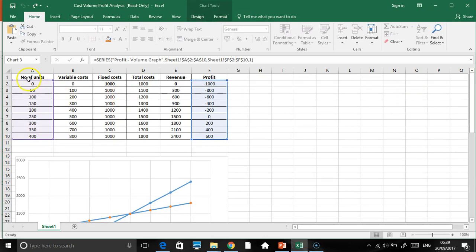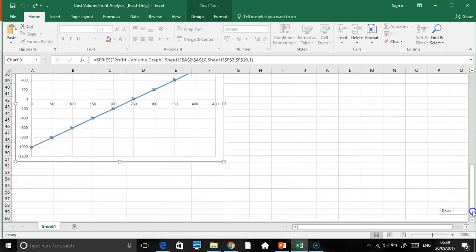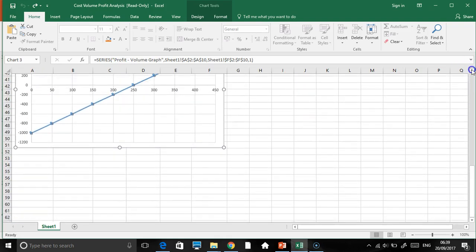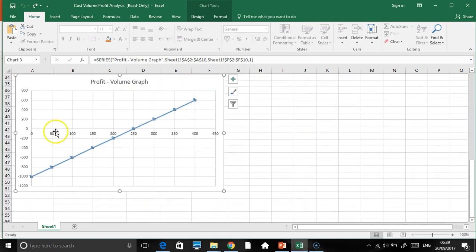At 0 units, you can see straight away that your profits are negative, quite negative. And as you continue to sell your units, you break even here at 0. You make no profit, but you make 200. You sell 250 units, and from then on, your profits start to increase.